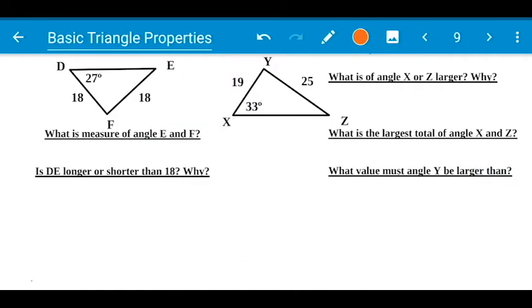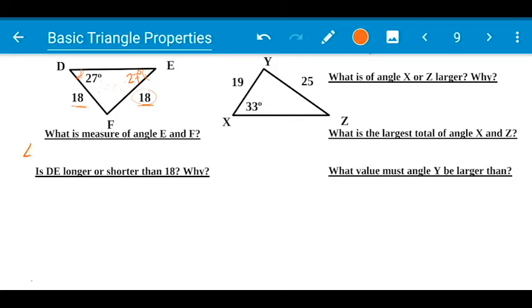So we have DEF. There's something special about the DEF triangle. We have two side lengths that are exactly the same. When we have two side lengths that are the same, that 27 degrees equates to 18. It has to be proportional to the angle that we have at E. So E is also going to be 27 degrees. So what's the measure of angle E and F?